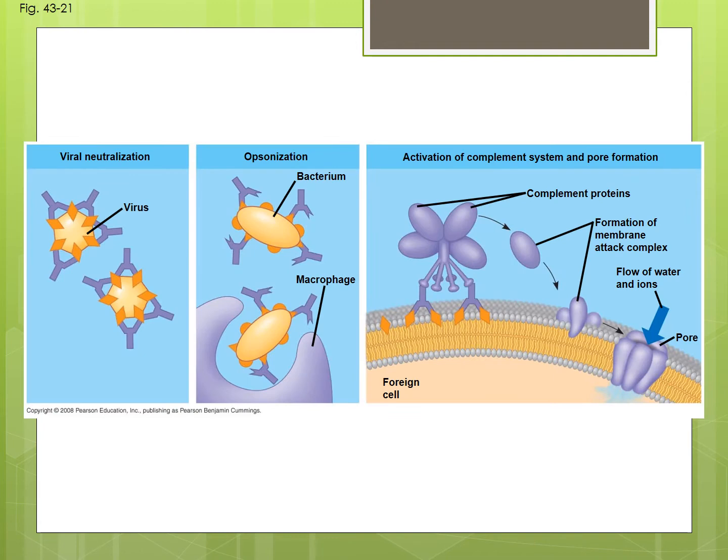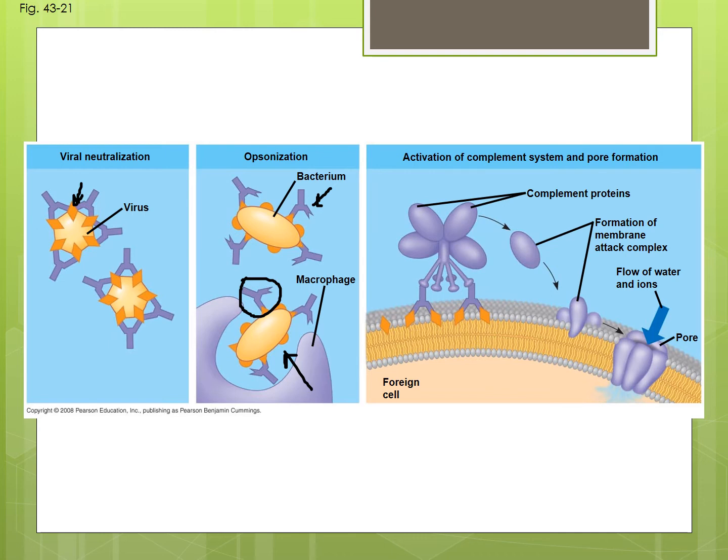So here we can kind of see that. Here would be a viral neutralization. Because the antibodies are binding to that virus, it is no longer able to bind to a host cell to try to take it over. Opsonization, you see that the antibodies have bound to that bacteria, and since they're bound to it, now we see that the bacteria is being engulfed by the macrophage, which of course is going to eliminate that bacteria.